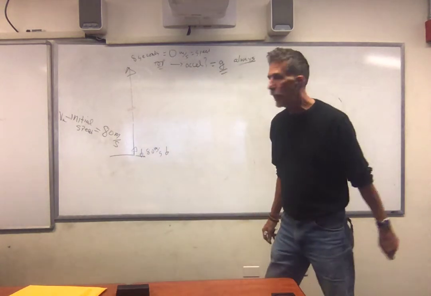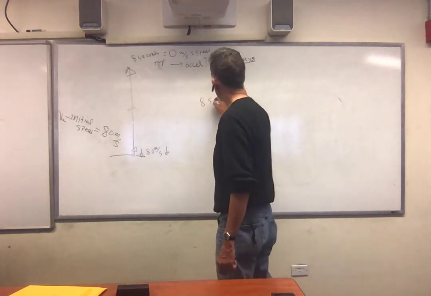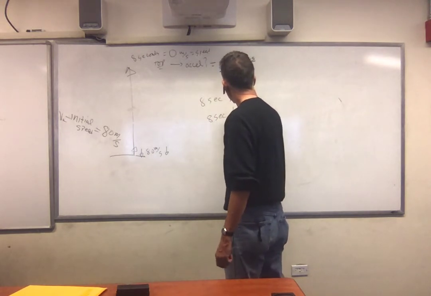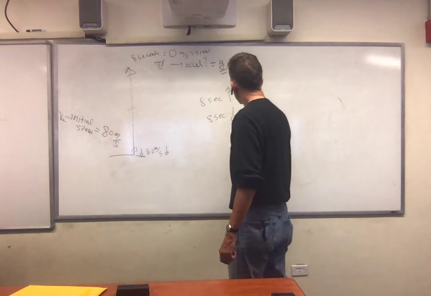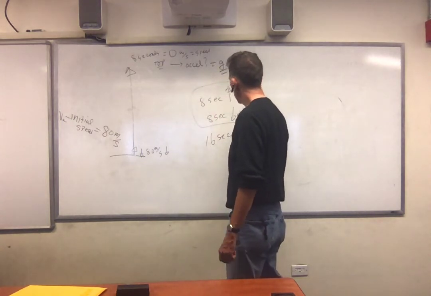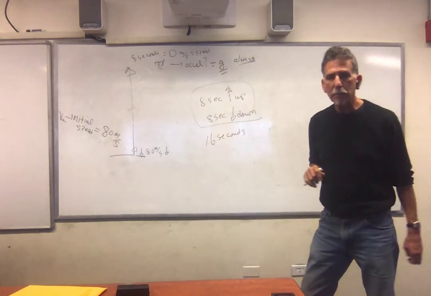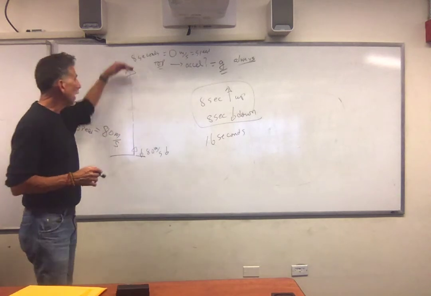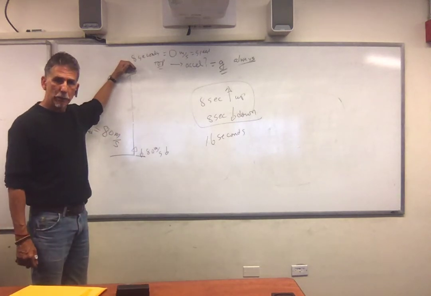How long is it in the air? Well, it's 8 seconds to get up and 8 seconds to go down. So this object is in the air for 16 seconds. Okay? What's the speed after 12 seconds? Well, again, in 8 seconds, what's the speed? Well, 0.